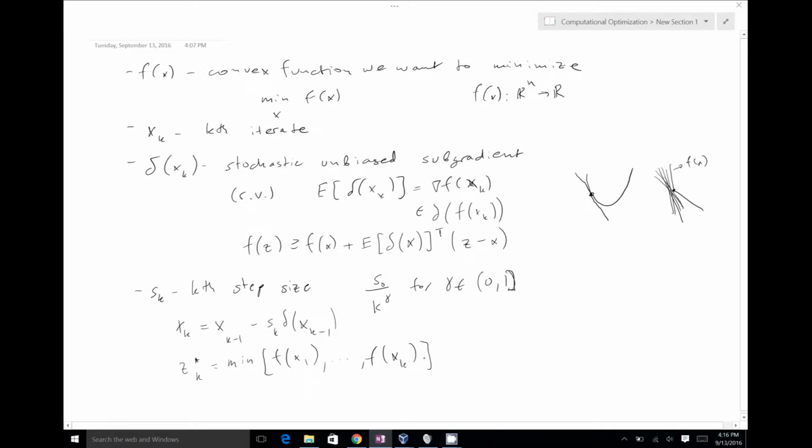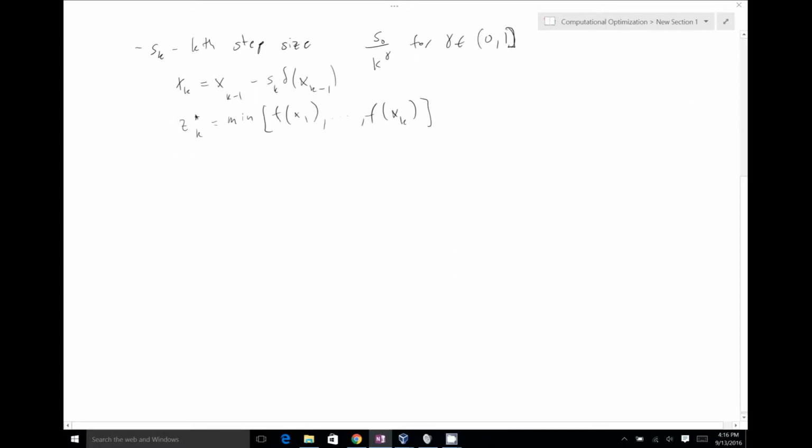Okay, let's continue to our assumptions. That's the main reason for doing this proof: to understand why these assumptions are important for the algorithm to work properly. So what were they? The first one is that f has a minimum, let's say at x star, and the function value there is z star.